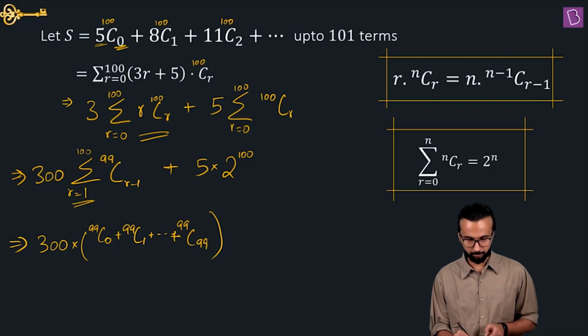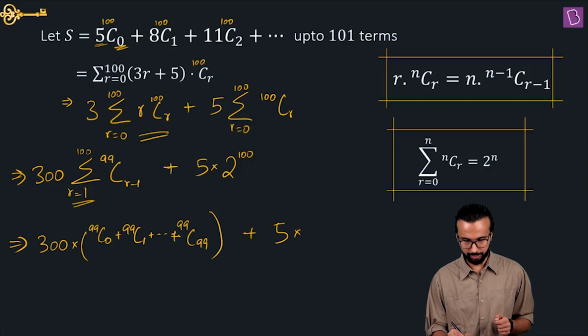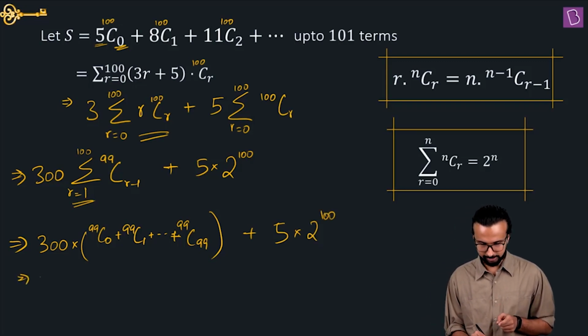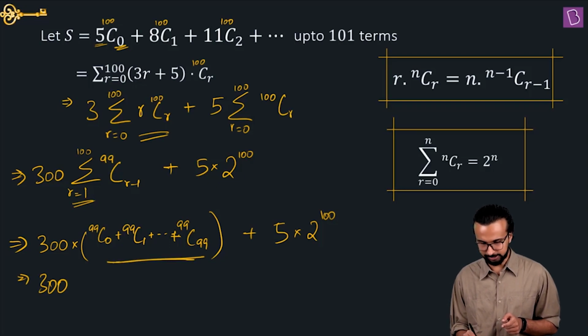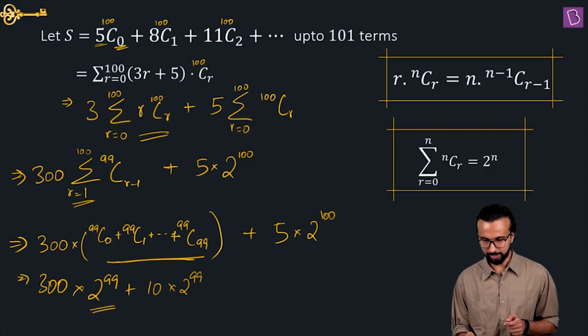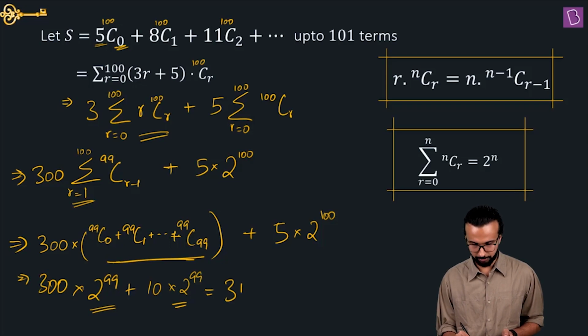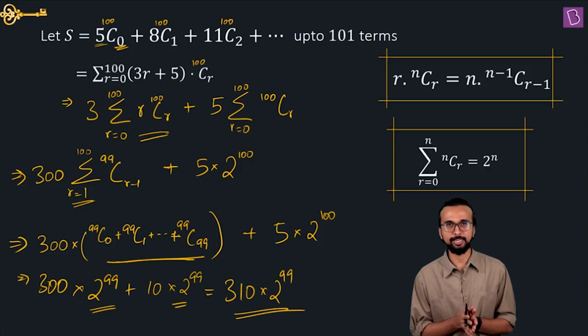Just like 100C0 plus 100C1 up till 100C100 is 2 power 100, similarly this 300 is multiplied by a sum which comes out to 2 power 99. Plus 5 into 2 power 100. I'll write that as 10 into 2 power 99, so that I can take 2 power 99 common. When I add both of them up, I get 310 into 2 power 99.